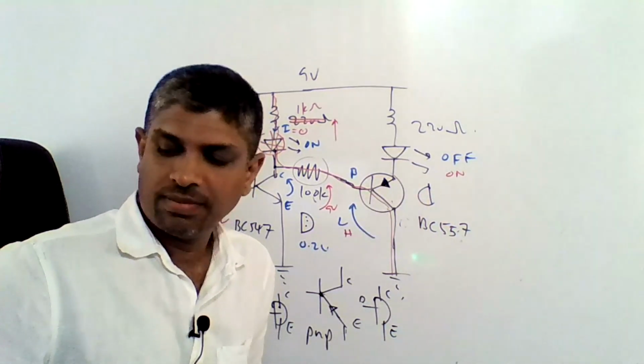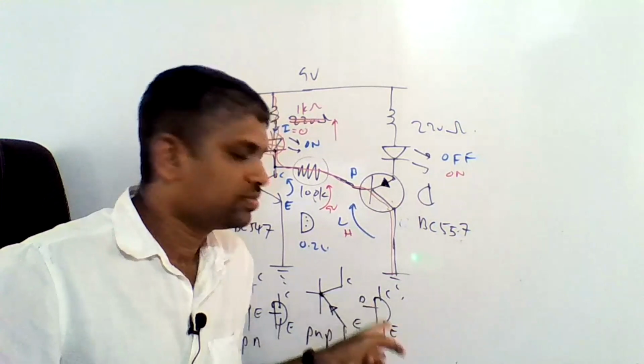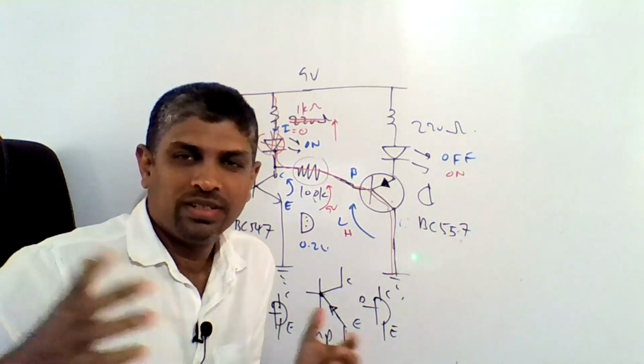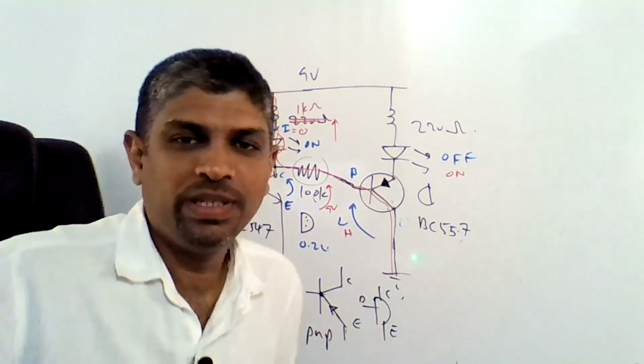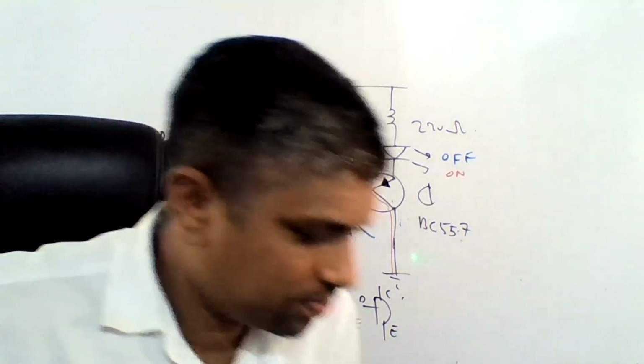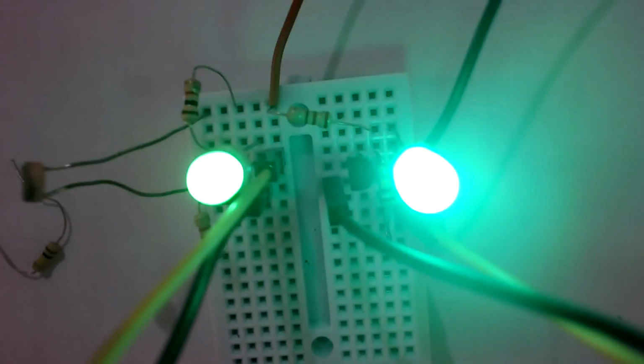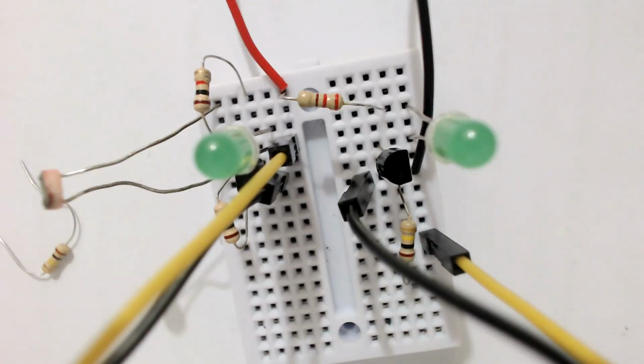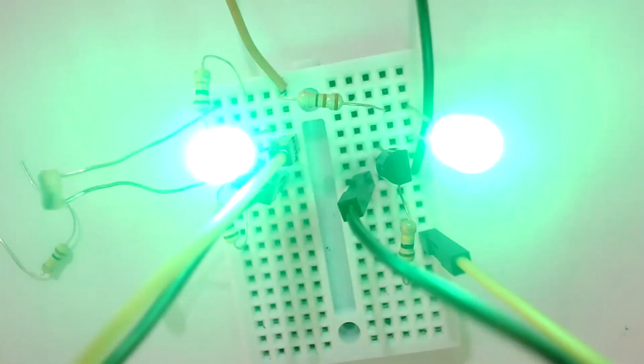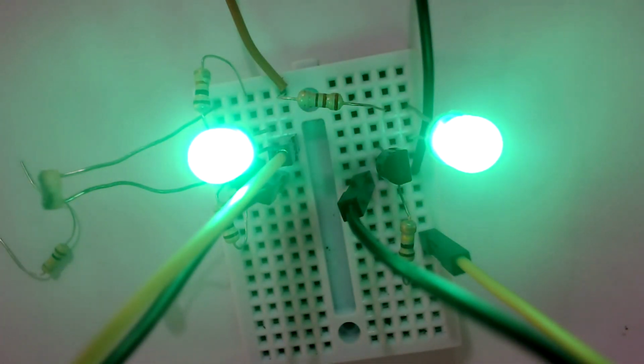So this is the first time that you are going to use a PNP transistor. Okay, we'll see whether it is going well. So now you can see that I have fixed the transistor.